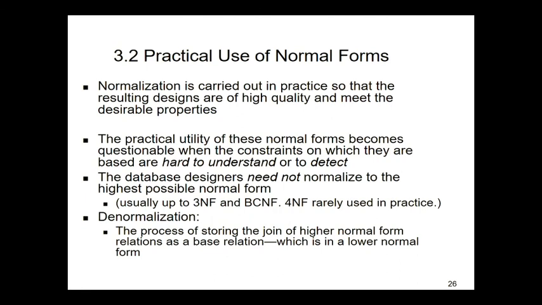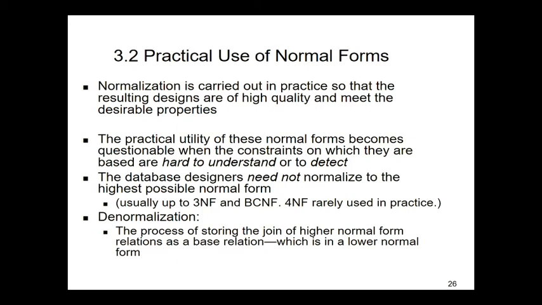Okay, so practical use of all this. Normalization is carried out. We absolutely have to do it, because you're trying to make it so that it works and works effectively.